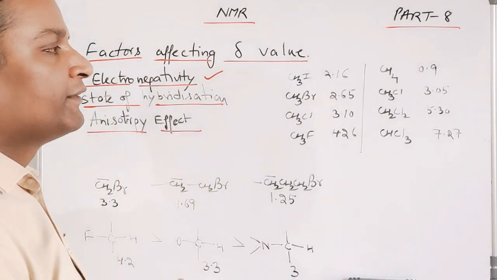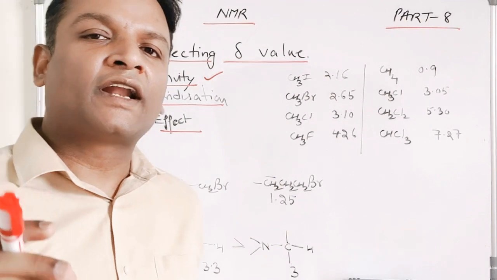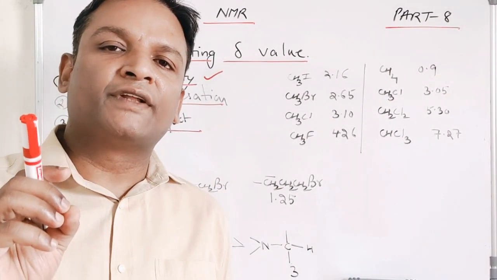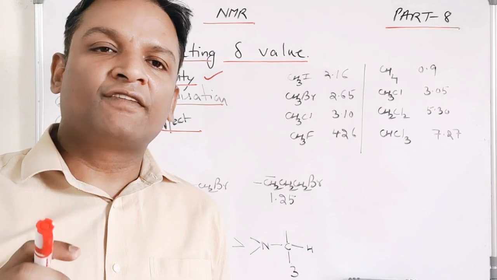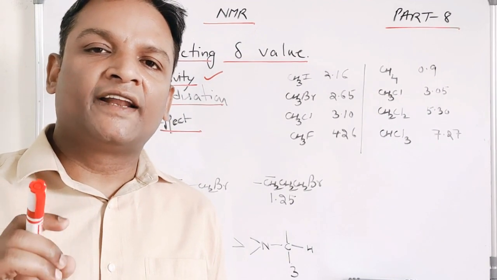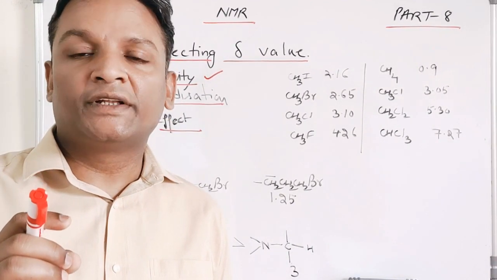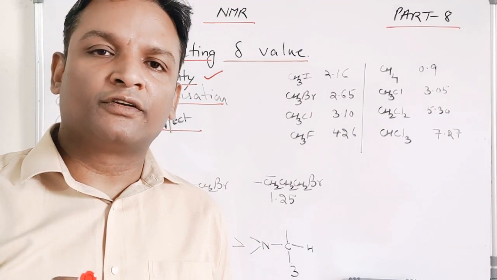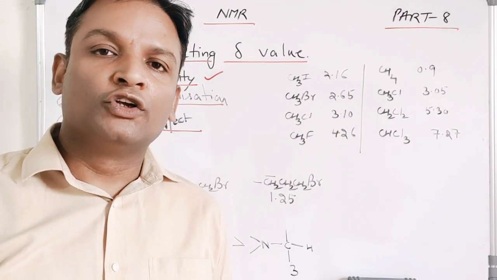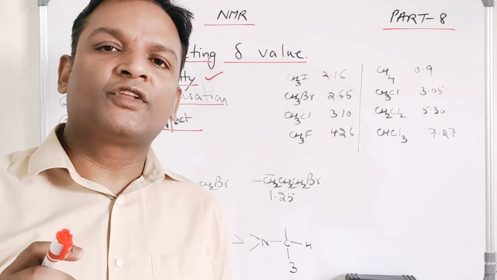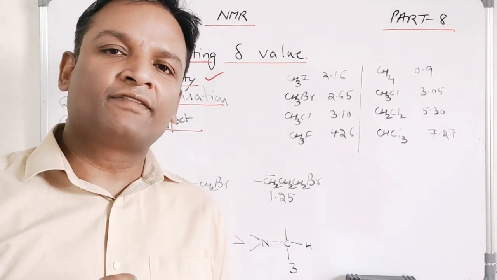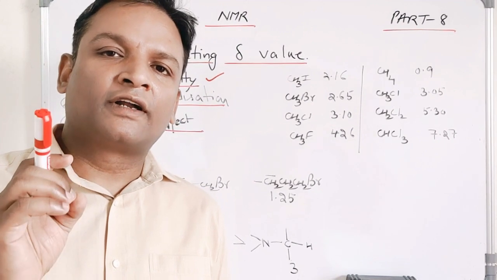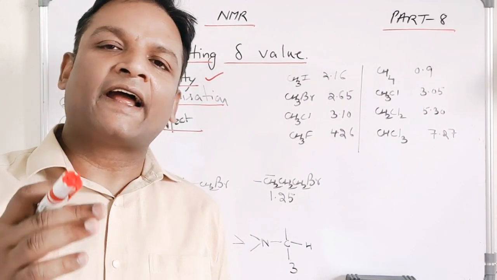factor, the electronegativity. I told you in the initial classes that the higher the electronegativity of the element through which the proton is attached, the higher will be the de-shielding, and the higher should be the delta value of the protons. As you increase the electronegativity, you increase the tendency of the element to attract the electron toward itself, making the electron cloud around the proton lesser and lesser.